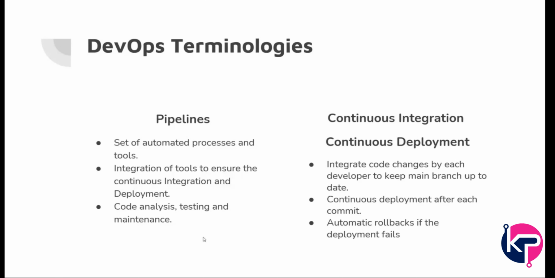Then you can start building your project. Okay. So continuous deployment after each commit. We will set up this pipeline so that it triggers automatically whenever there is a commit from GitHub, Bitbucket, or Git, instead of manually clicking the run pipeline button.